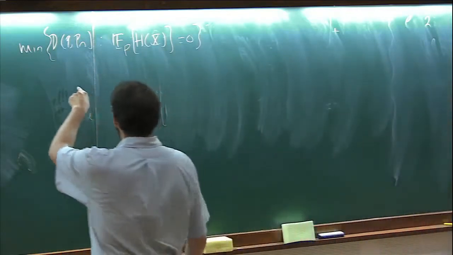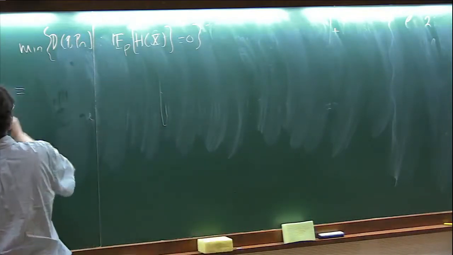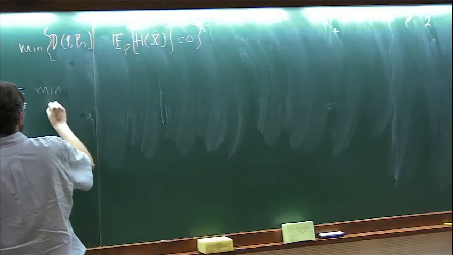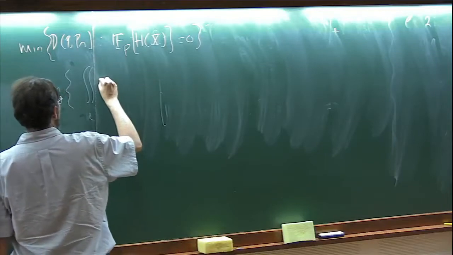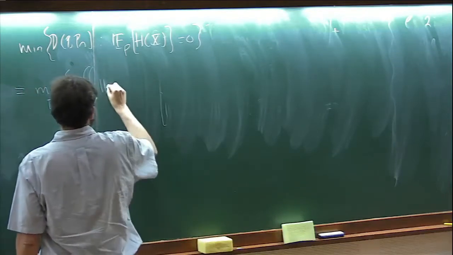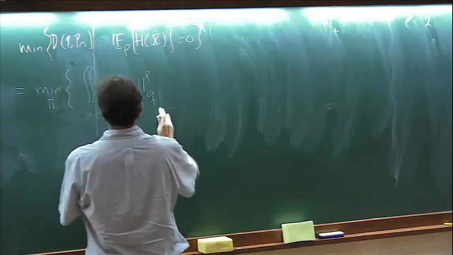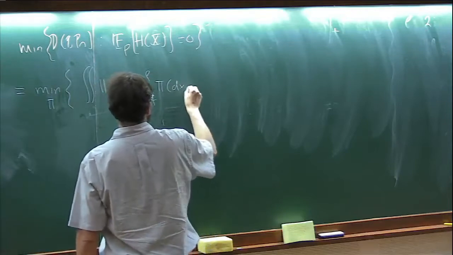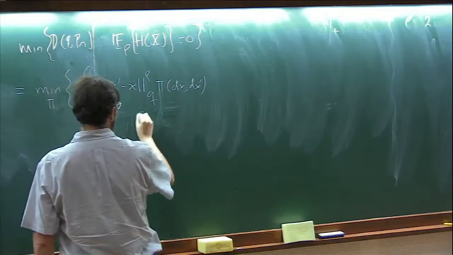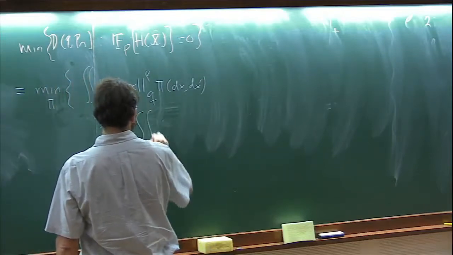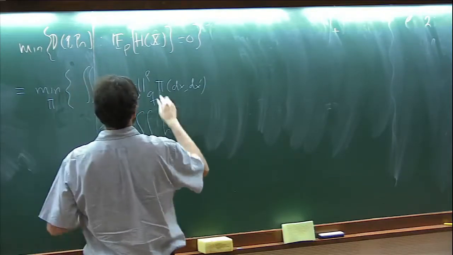Okay, so this is an LP, right? So we can write this LP, this is minimizing over all pi's, the integral of norm of x prime minus x to the power q to the power rho, pi dx prime, and you have the constraint that the integral over x and x prime of h, I'm going to use here prime.